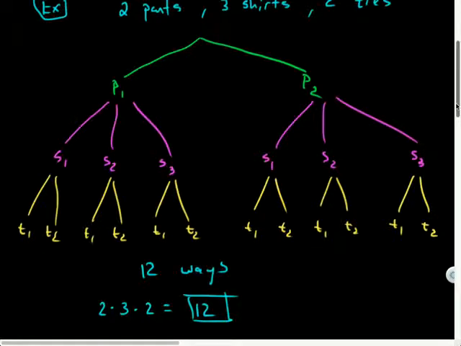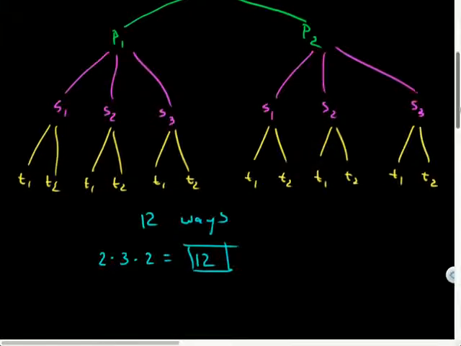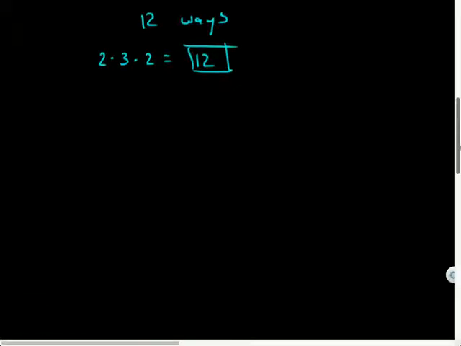And that is due to the independent nature of these choices, at least in the way I described them. So this is a tree diagram, and this is a concept we're going to expand upon in a little bit. But let's first talk about what I mean by independent events.